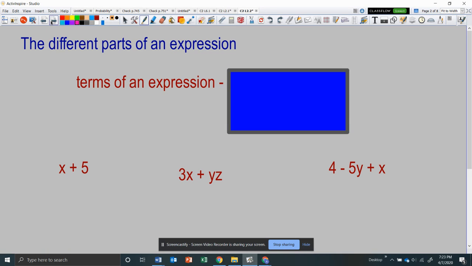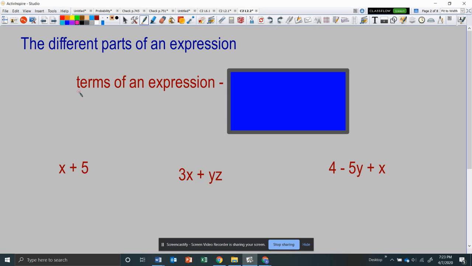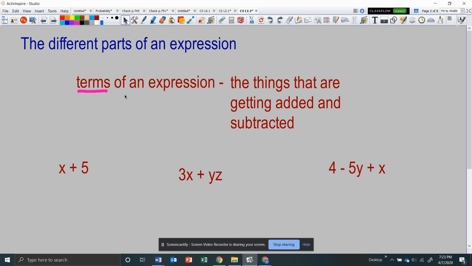Okay, so before I actually talk about like terms, I want to make sure that you understand what terms are, okay? So I'm going to get rid of this here. Terms of an expression are the things that are getting added or subtracted. So I've given you this as an expression.